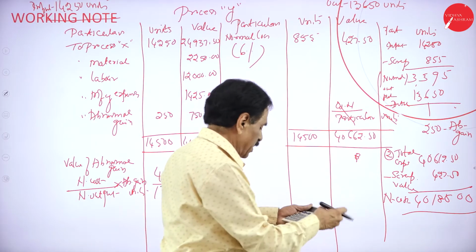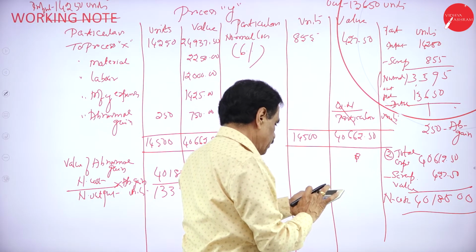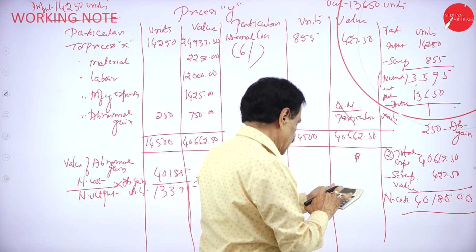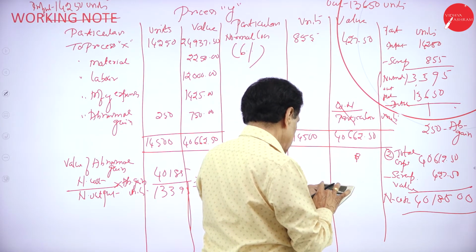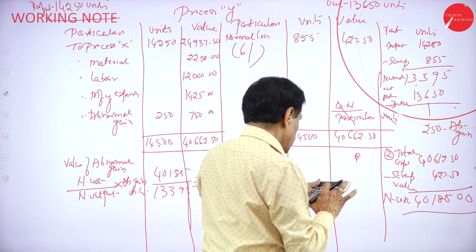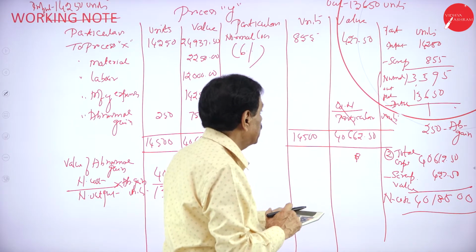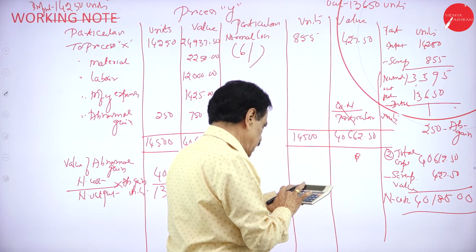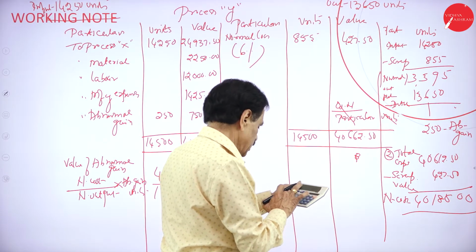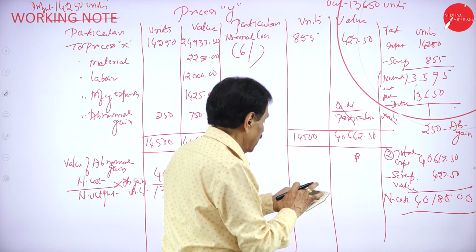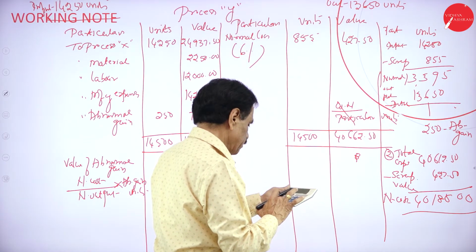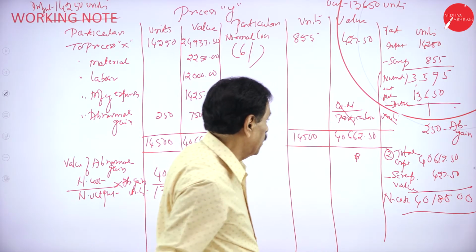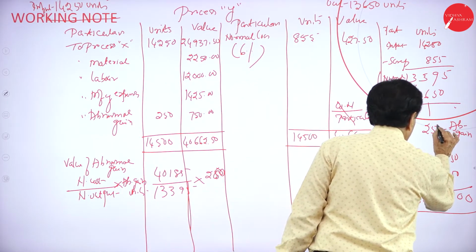So 13,650 minus 13,395 is 255 units. Abnormal gain is 255 units.